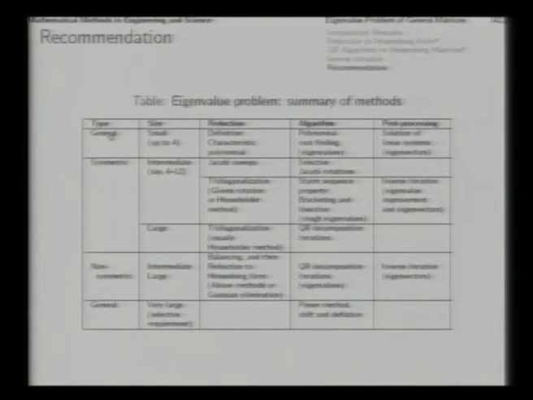There are 3 columns here: one is reduction, a kind of pre-processing, then the actual main algorithm, and then the post processing.